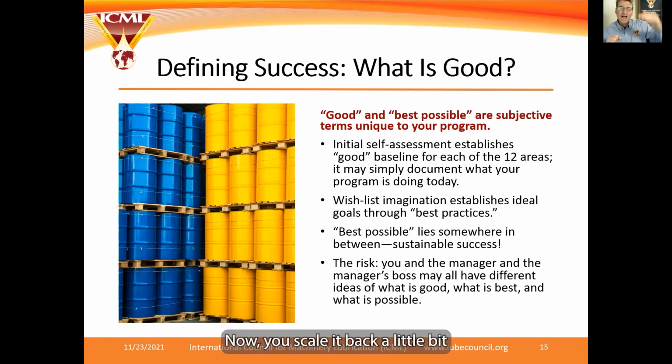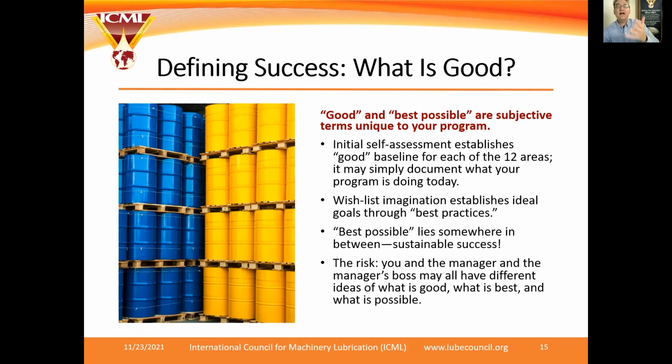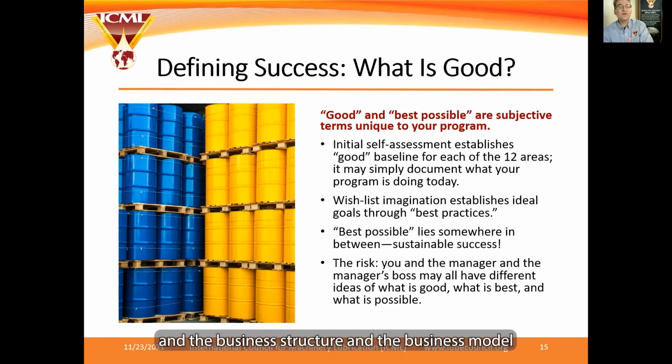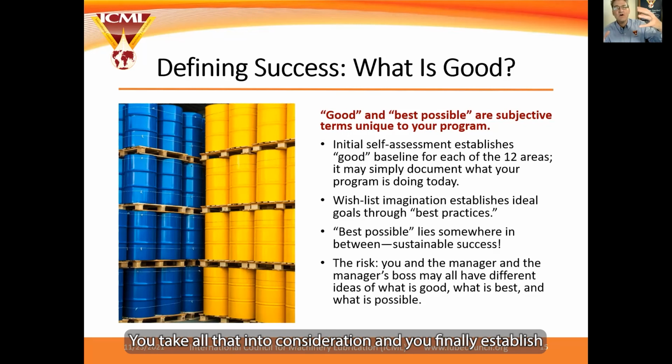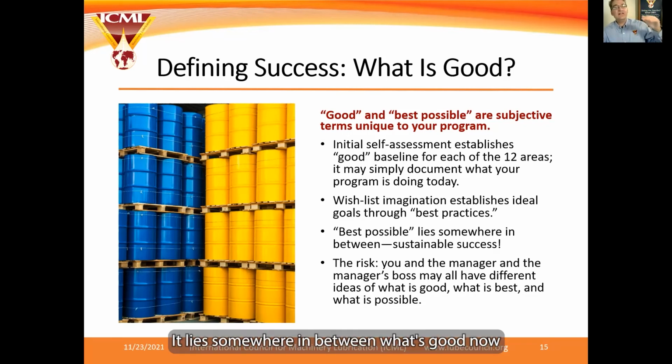Now you scale it back a little bit to consider the reality of your priorities and the business structure and the business model and the politics and the scarcity of resources. You can take all that into consideration, and you finally establish what is best possible. It lies somewhere in between what's good now and what the dream program would be.